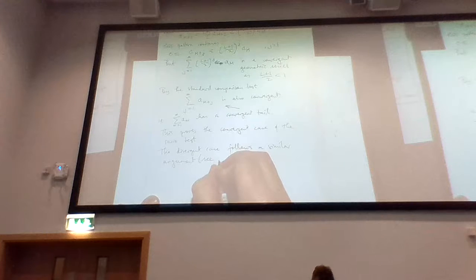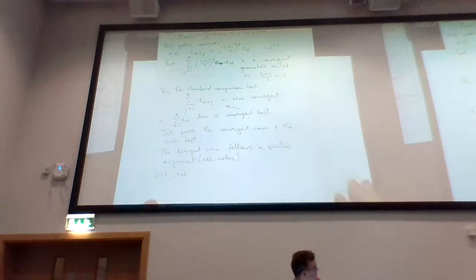So see the printed notes for that. And the L equals 1 case, well, once you've seen those two arguments, think about the L equals 1 case. Here's L, which is equal to 1.